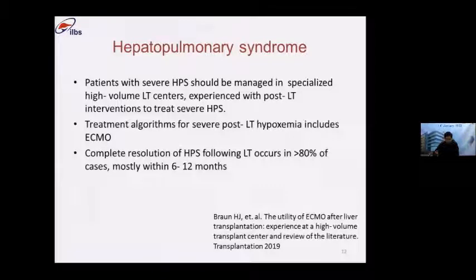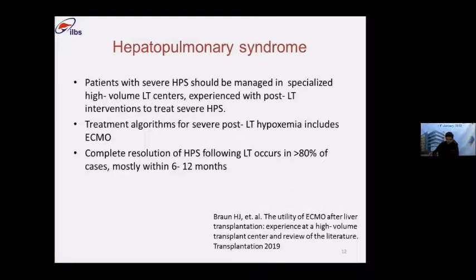Patients with severe HPS should be managed in specialized high-volume liver transplant centers experienced with post-LT interventions to treat severe HPS. So the treatment algorithm in such severe post-LT hypoxemia also includes extracorporeal membrane oxygenation.